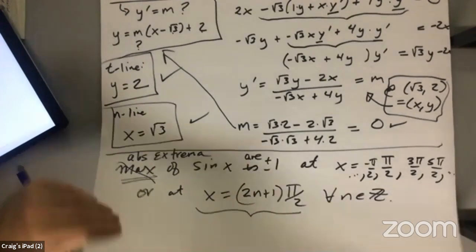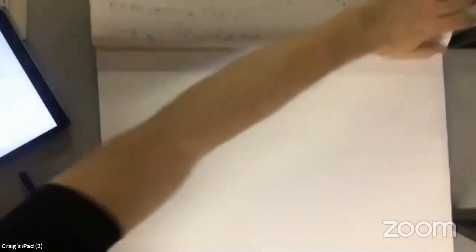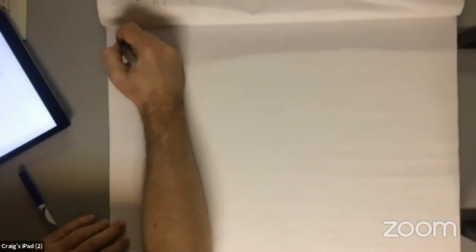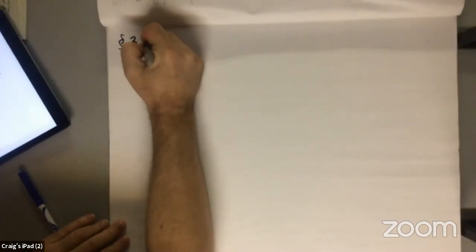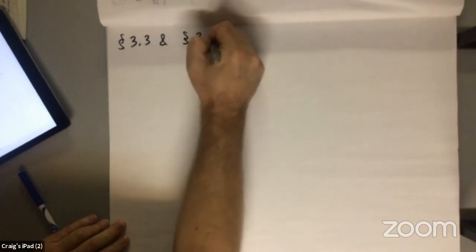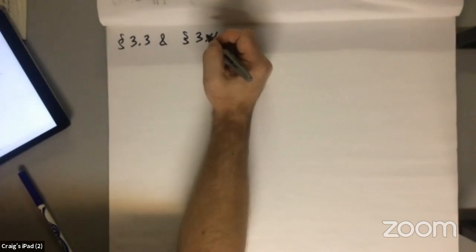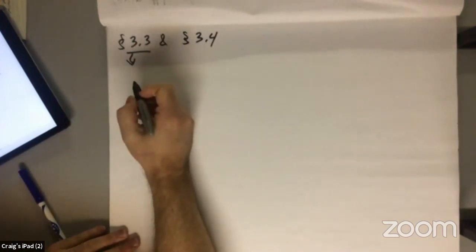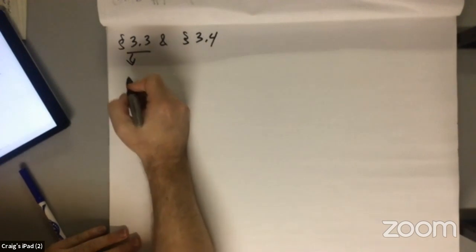We're talking about section 3.3 and 3.4. Section 3.3 is going to be over the first derivative.